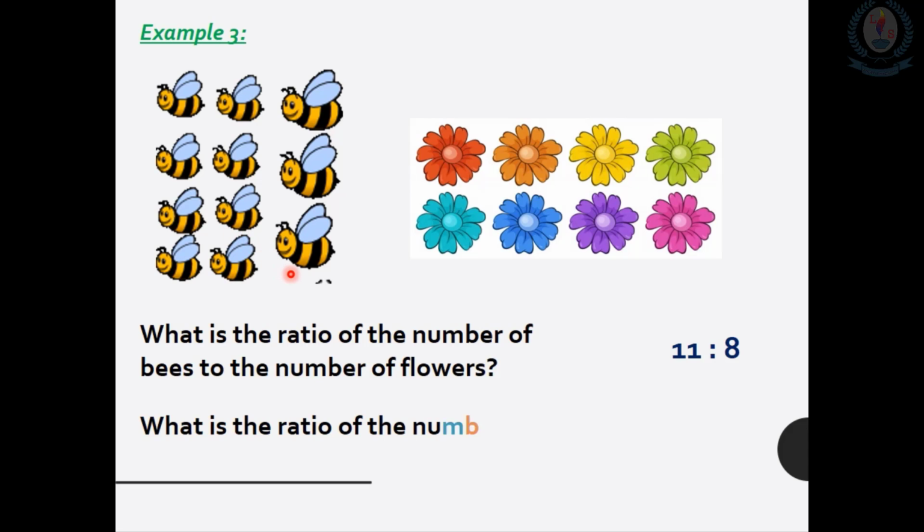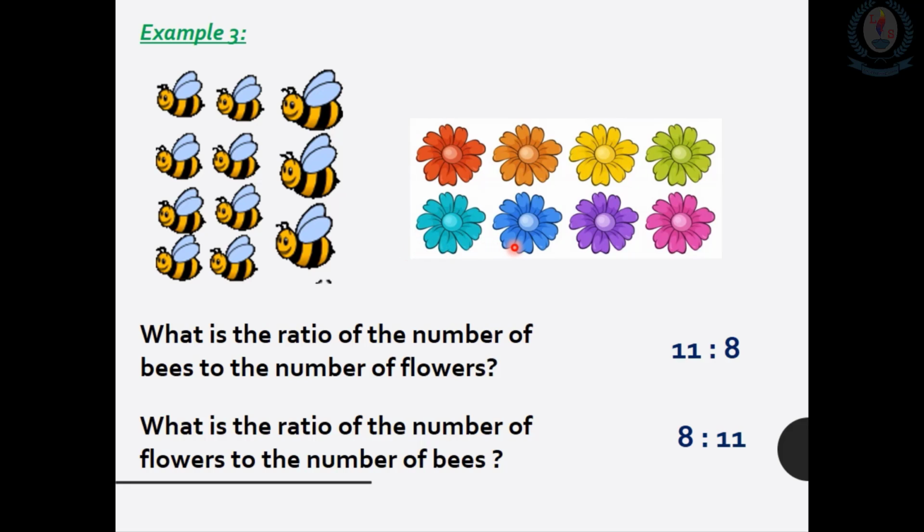Now see this question even. What is the ratio of the number of flowers to the number of bees? The first term we should get is number of flowers and then the bees. So there are 8 flowers and 11 bees. So the ratio is 8 to 11. 11 to 8 and 8 to 11.